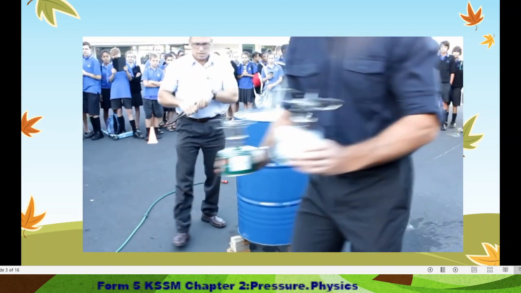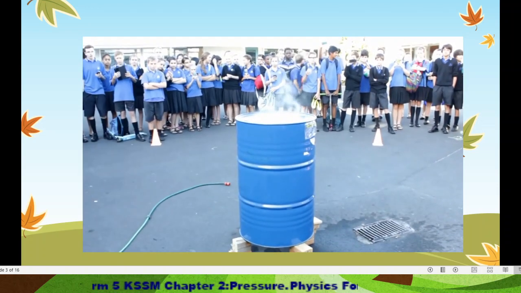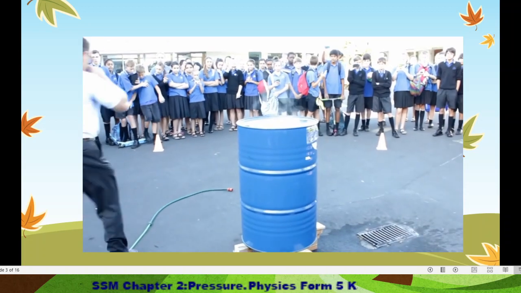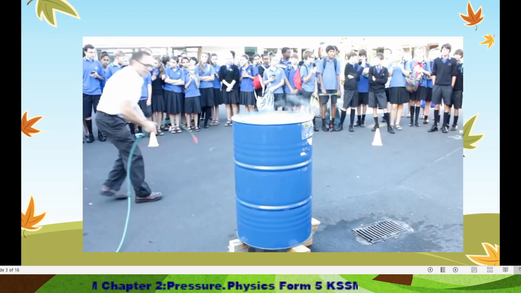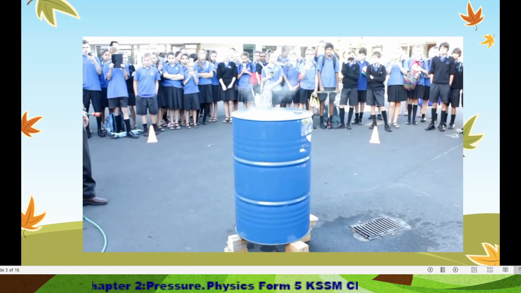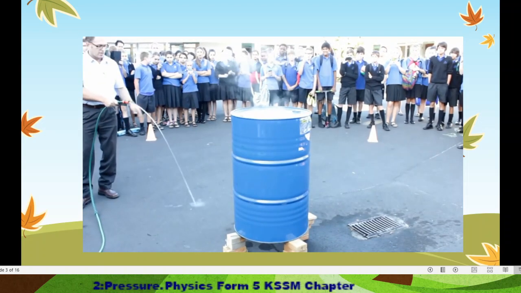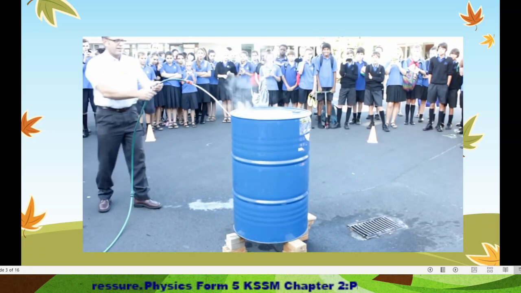So inside the can, the pressure is very high. Okay, what happens next is to use cool water to cool down the can.